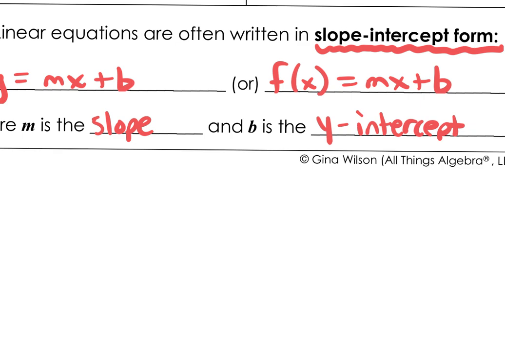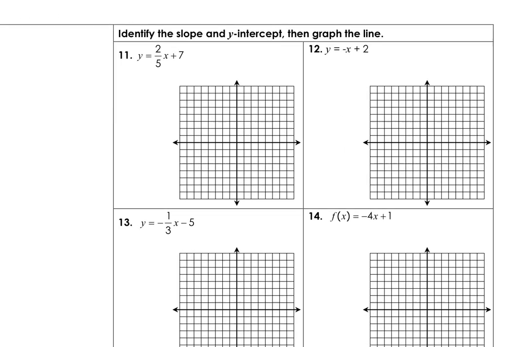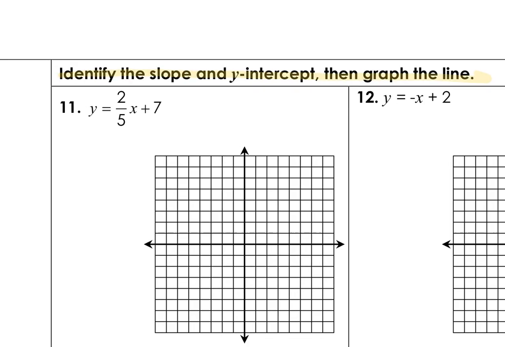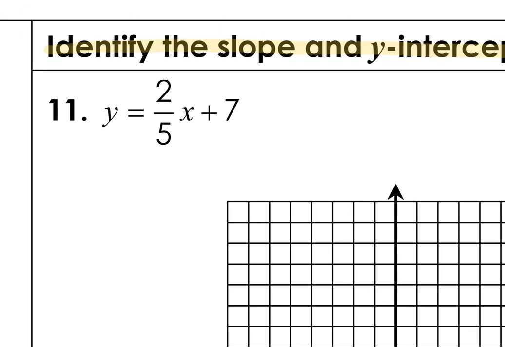After you write that down, I want you to turn it over to the back. We're going to practice graphing, stuff you've been doing. So let's look at number 11. Look at your directions. They want you to identify the slope and y-intercept, then graph. One thing I encourage students to do is write y equals mx plus b either below your equation or above it.